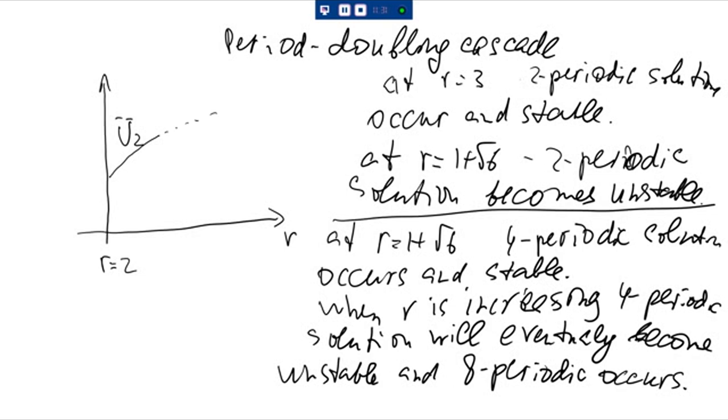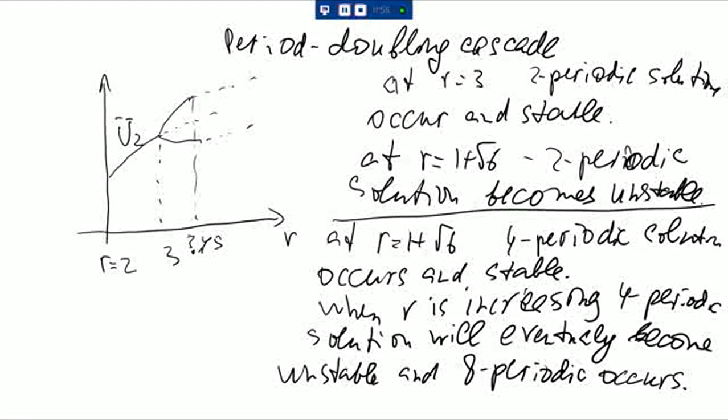It becomes unstable when r equals 3. Then a 2-periodic solution appears which is stable, and then it becomes unstable at roughly 3.45.